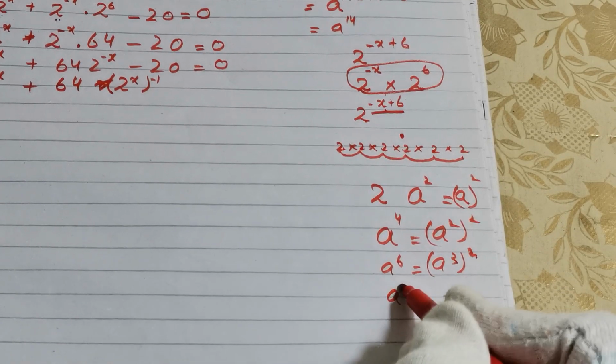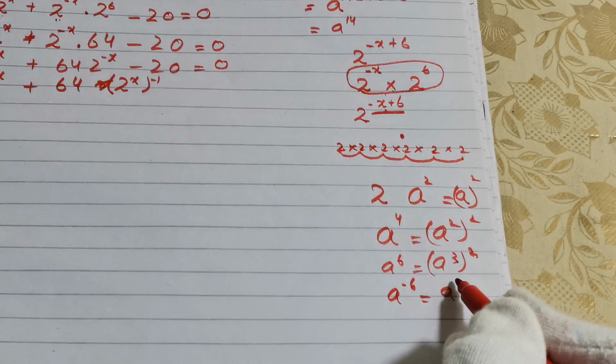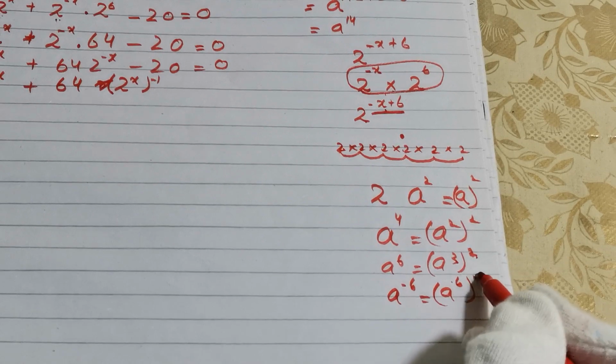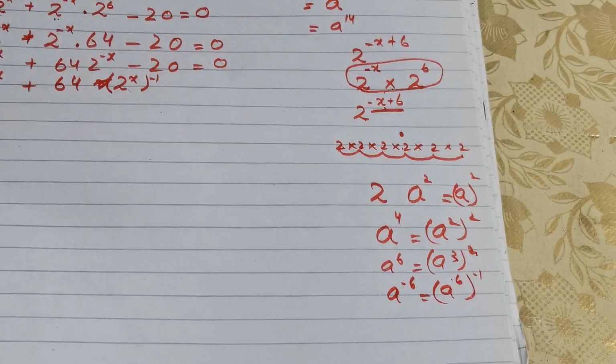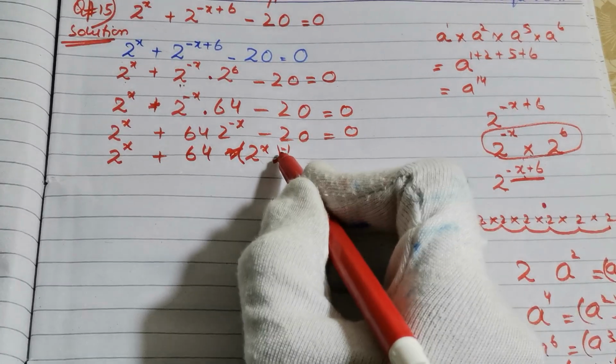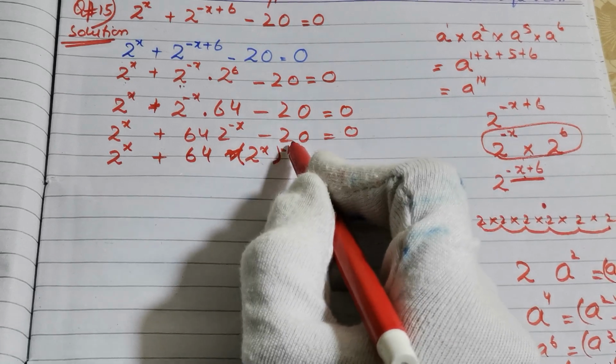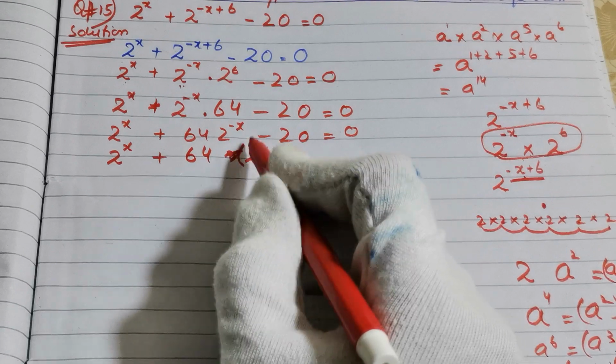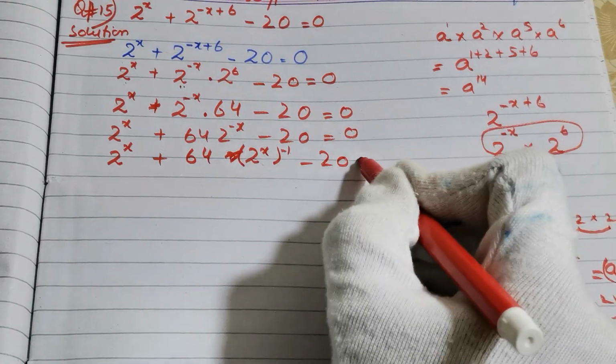Now if we have minus 6, what will we do? We can write 6 into minus 1. Similarly, we can write 2^x and minus 1 outside. And if we multiply, what will we get? 2^(-x) - 20 = 0.